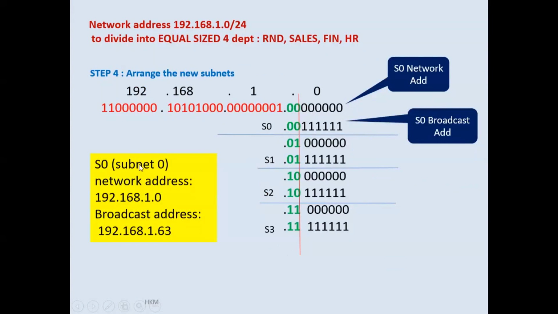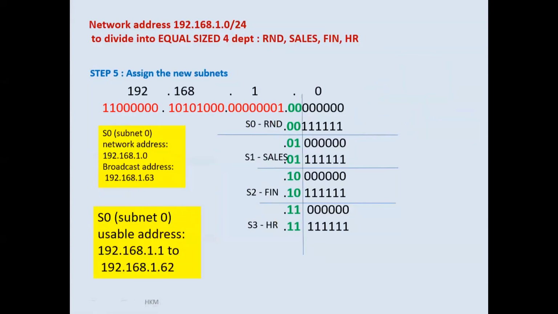For subnet 0, okay, the network address is 192.168.1.0, and the broadcast address is 192.168.1.63. Okay. When you assign to everyone, R&D and sales and finance and HR, they would get their own subnets.